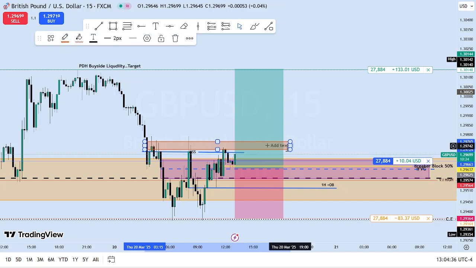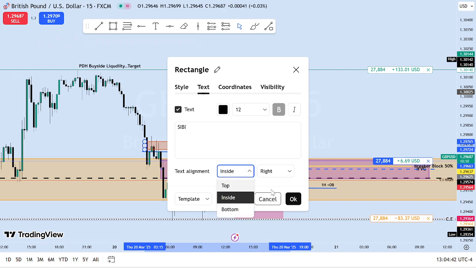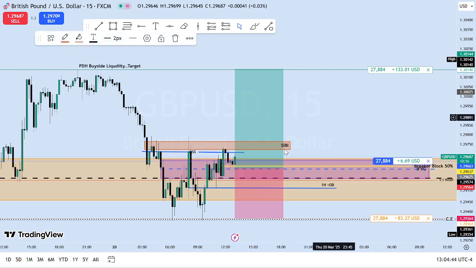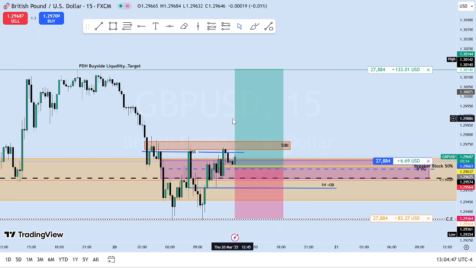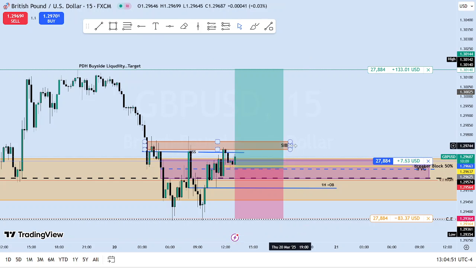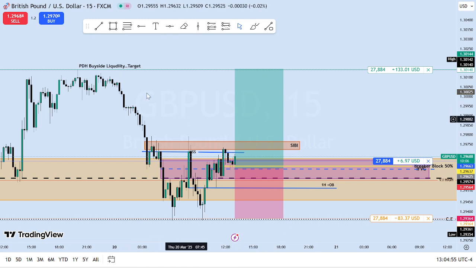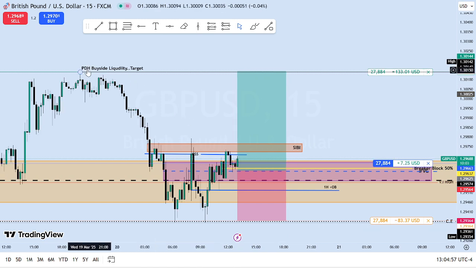For now, CB. Once price trades and closes above it, utilize this as an inversion fair value gap. Then we target the previous day high.